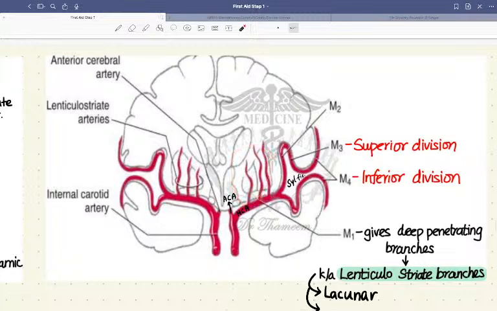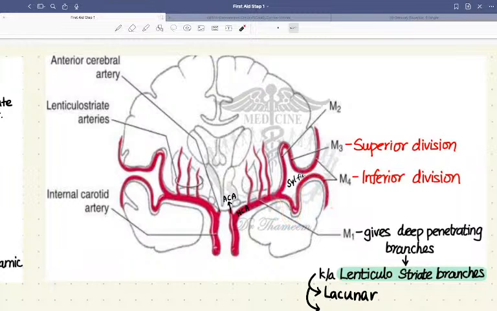Okay, so here you have M1 of the MCA. Then M2 is this hook. When it is coming out from the insula, that is M3. So this downward bending is M2, the upward bending is M3, and after that when you come out, it is M4.